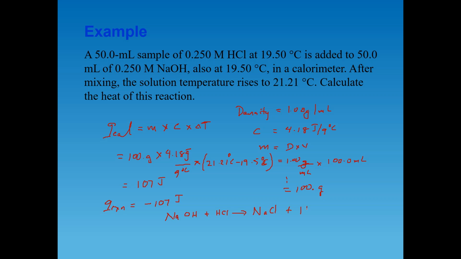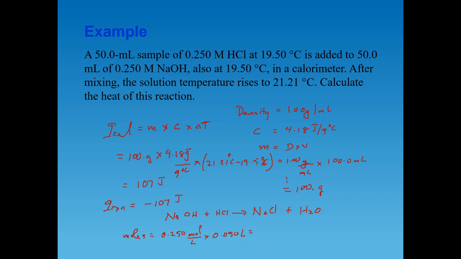It's a one-to-one mole relationship, so we need to find the moles of each reactant. Based on the information provided, the moles would be equal to the concentration, 0.250 moles per liter, times the volume in liters, which is 0.050 liters.